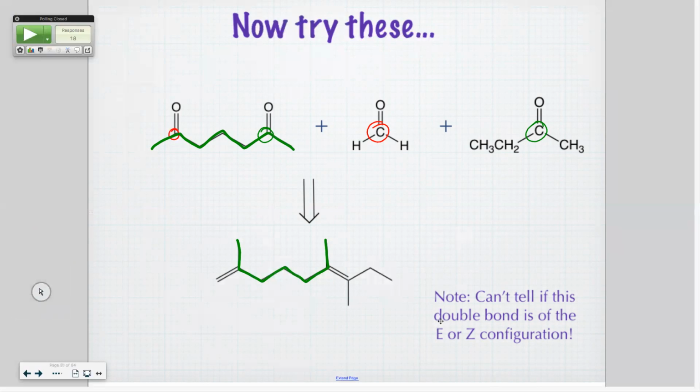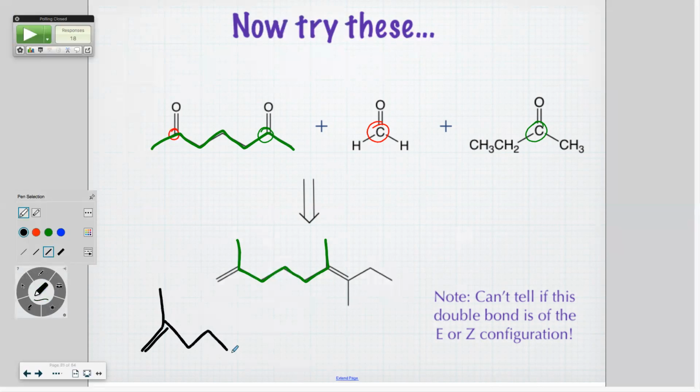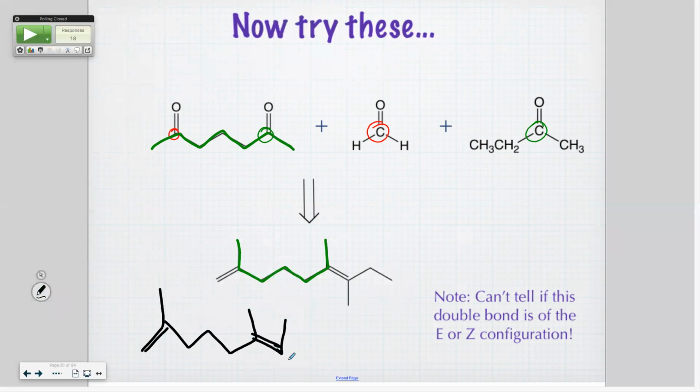Either answer would be correct. So if you flip that and you drew it this way, it would also be correct because you can't tell that from this reaction. Either one of those would be an acceptable answer. Okay, that makes sense? That you can't tell that because once you chop it, you've lost the E or Z part.